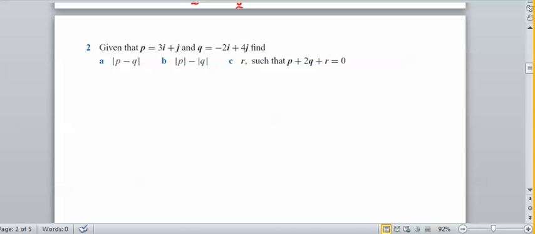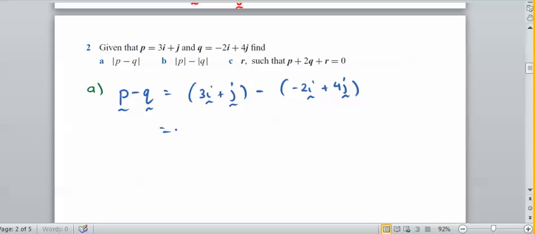Given that P is this and Q is this, now I'd like you guys to do this. If you feel comfortable doing this, go for it yourself. But P minus Q, don't forget your squiggles. Work out that first. Well, we've got 3i plus j minus, and it's really important that you use your brackets here, because minus times a minus 2i plus 4j is equal to 3 plus 2, so 5i, j minus 4j, minus 3j.